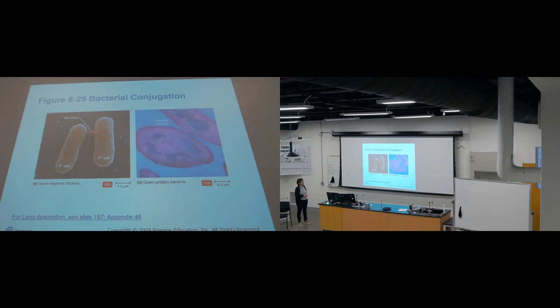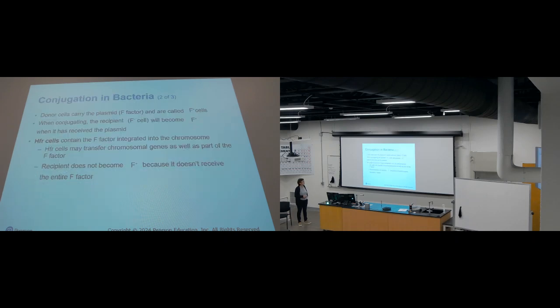This one will have the plasmid inside, and the plasmid is going to migrate inside the sex pilus, and when the F minus receives this plasmid, it will now become F plus. And here, between the gram-positive bacteria, you have a mating bridge in which you will have the transfer of this plasmid.